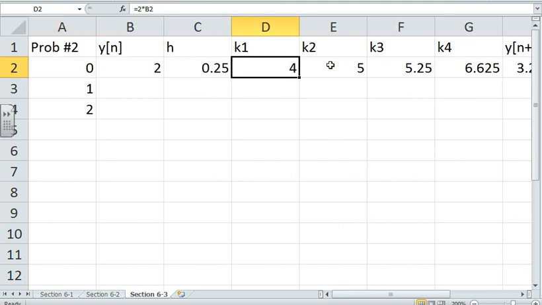H is 0.5. 2 times B2. That looks right. Two times B2 plus 1/2 C3 D2. You have C2. What do I have?